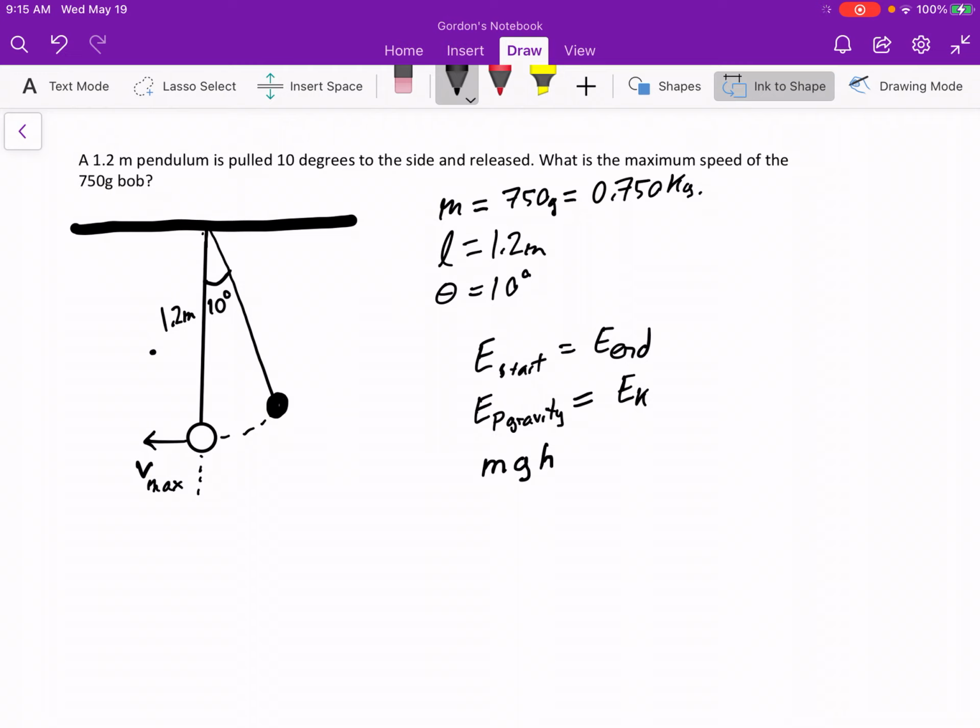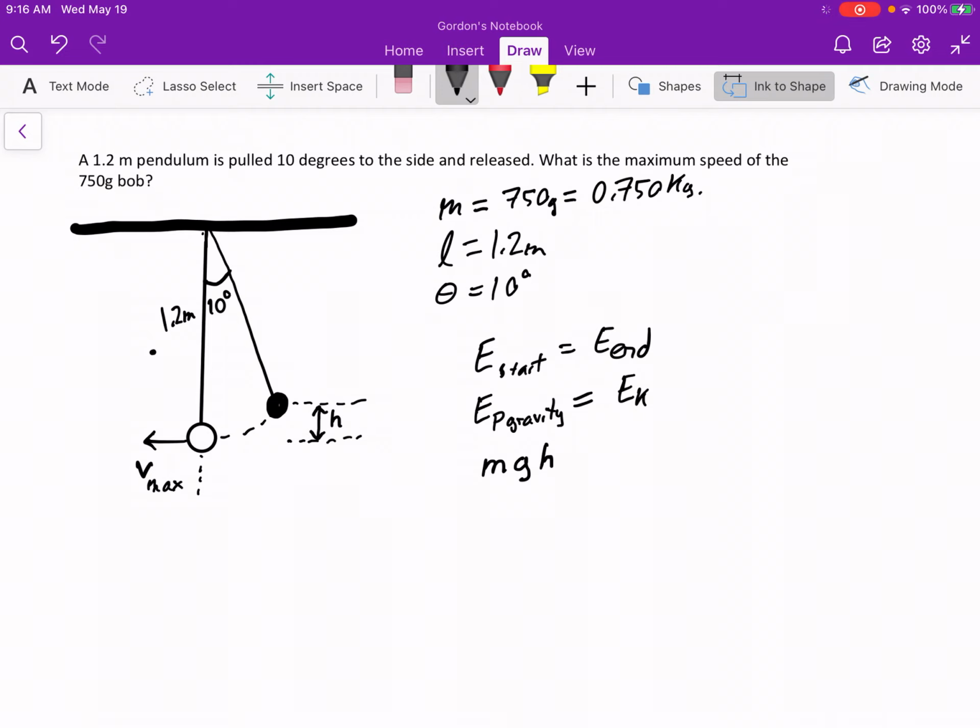And this is the tricky part, is what is the height? How far does the pendulum start above where it ends up? So if I was to draw this height on my diagram here, the height here is this length right there, right? So the height is the difference between where it starts and where it ends up.